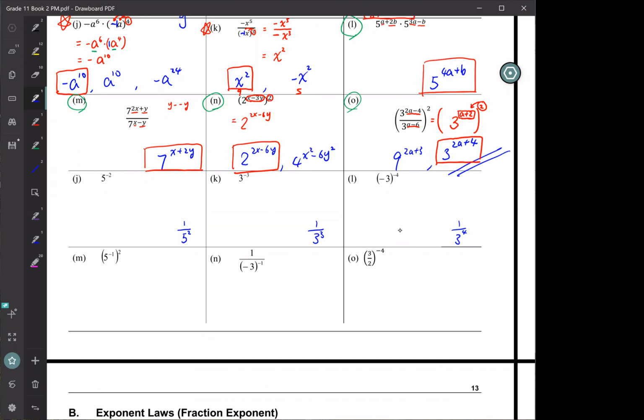And can I have M, Marcus? I got 1 over 5 to the power 2. Okay. And Selena, N? -3, bracket 1. Like that? Yeah, okay. Brandon, how about O?